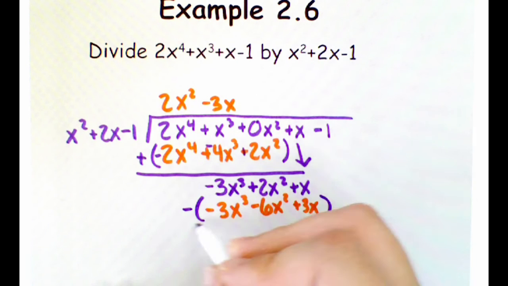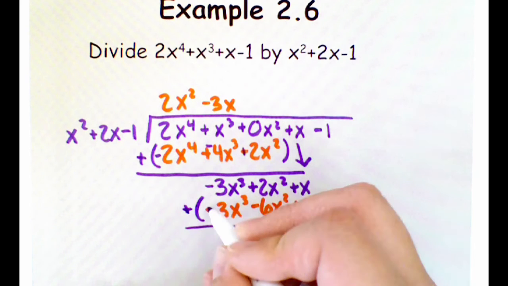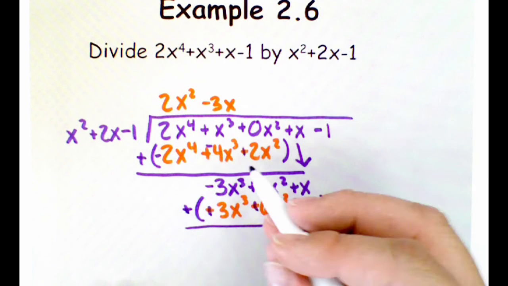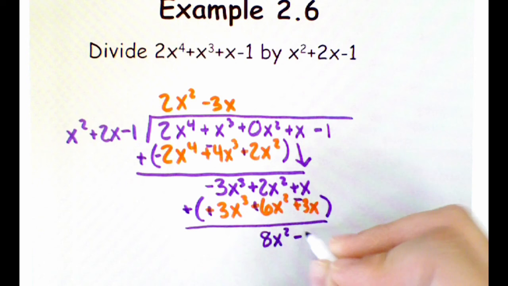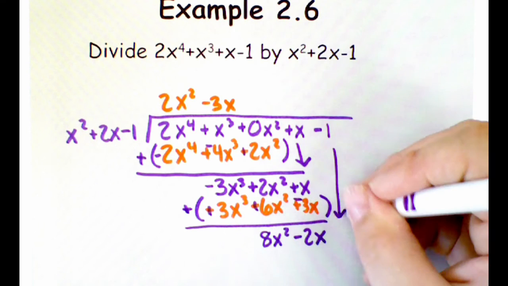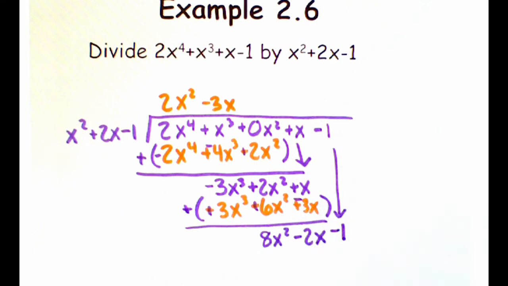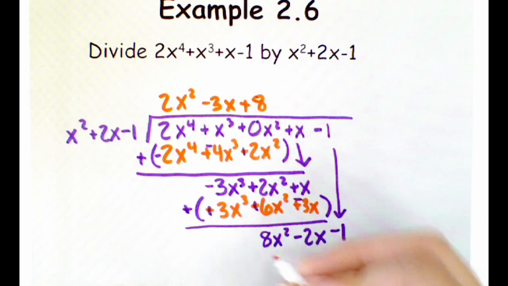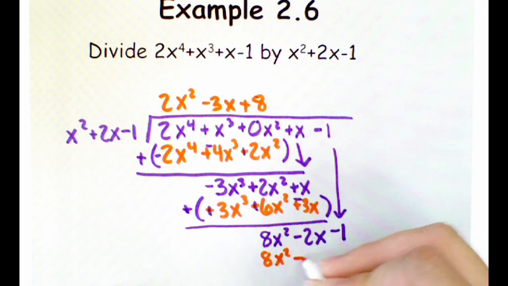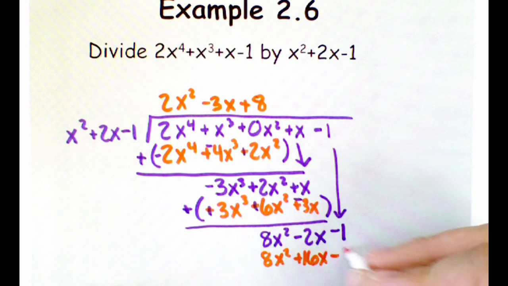Subtract. Change all my signs. I get a 0, I get 8x squared. I get minus 2x. Bring down the minus 1. And I need an 8. So I get 8x squared plus 16x minus 8.